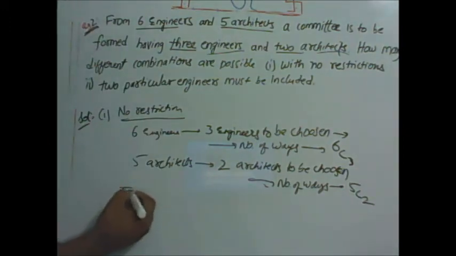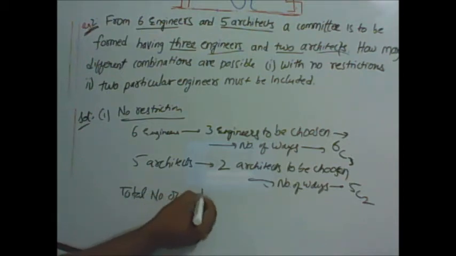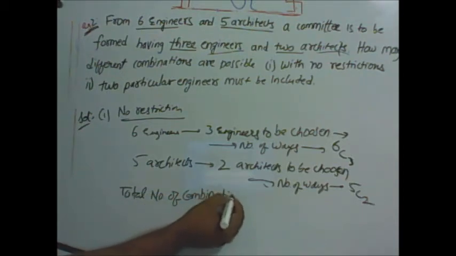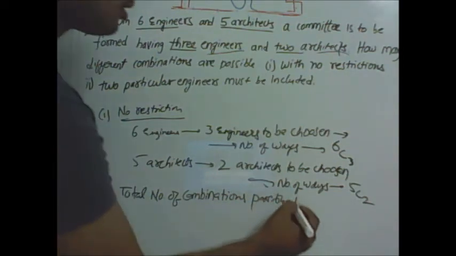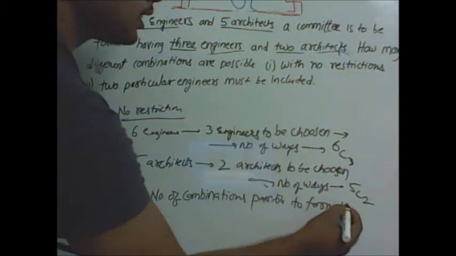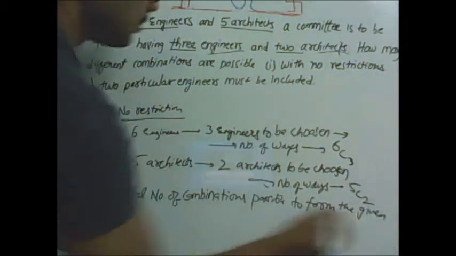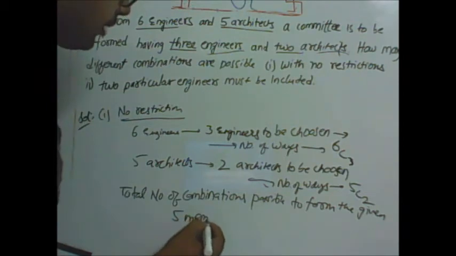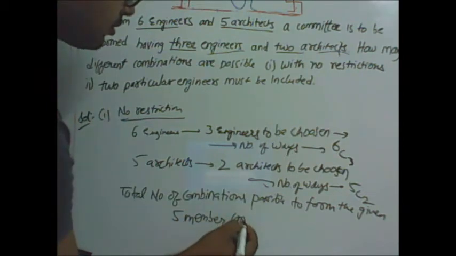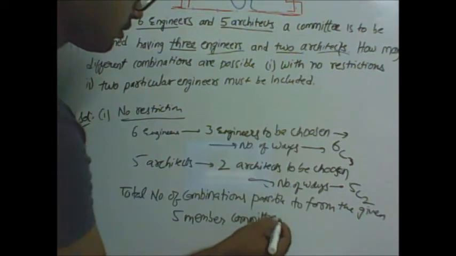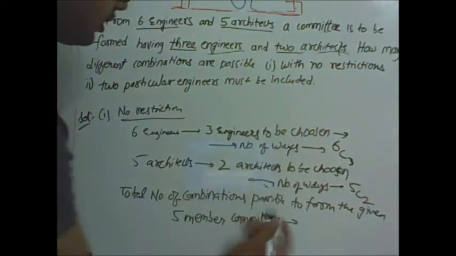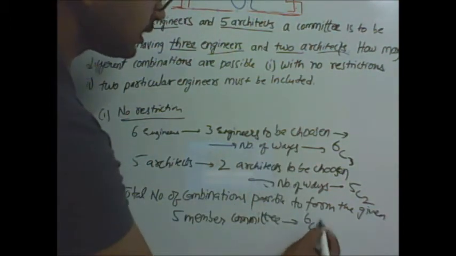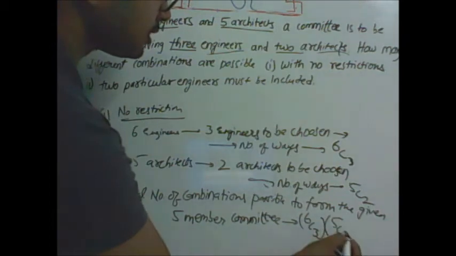So the total number of combinations possible to form the given 5-member committee is the selection of engineers into the selection criteria for architects, that is 6C3 into 5C2.